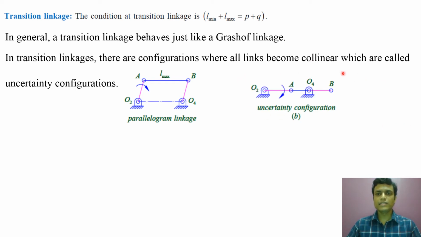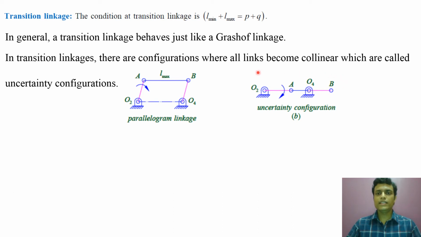At this instant, all links become collinear. O2A, the crank, comes to the horizontal position, then AB is also at horizontal position, BO4 or O4B is also horizontal, and this is the fixed link O2O4.